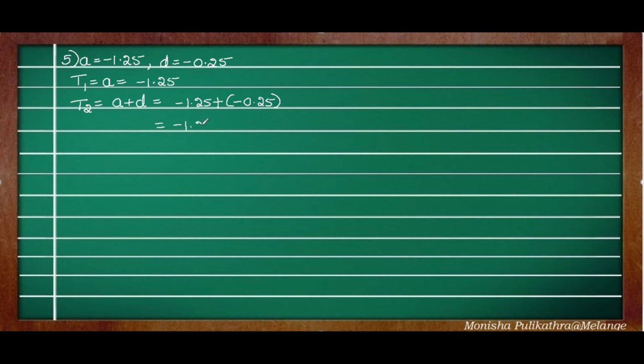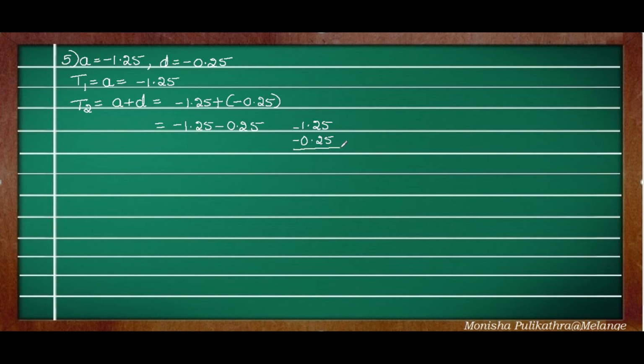So minus 1.25 plus into minus is minus 0.25. Here minus into minus plus, we need to do the operation addition, but the sign must be minus. Why? The larger number signifies by the sign minus. That is 1.25 plus 0.25. So both have minus sign.